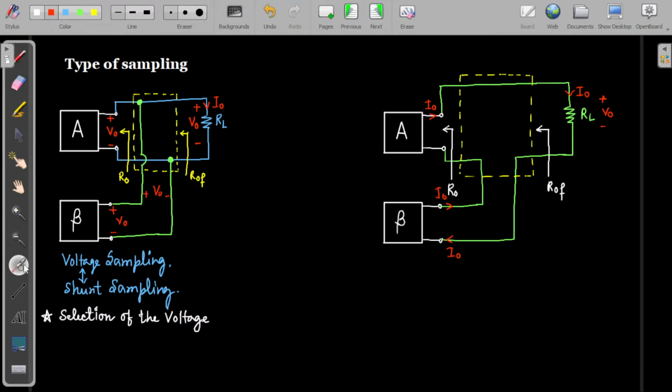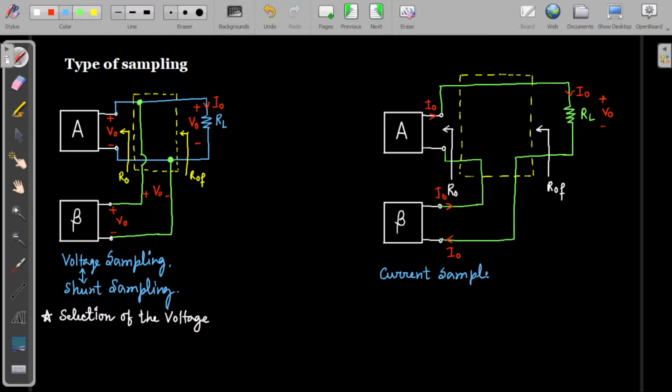So what we are sampling right now, we are sampling the current information. In the first case, what did you sample? We sampled the voltage between the two lines. That's why voltage sampling. Right now, this current is moving into the feedback path. That means we are sampling the current information. That's why this type of sampling is called the current sampling.